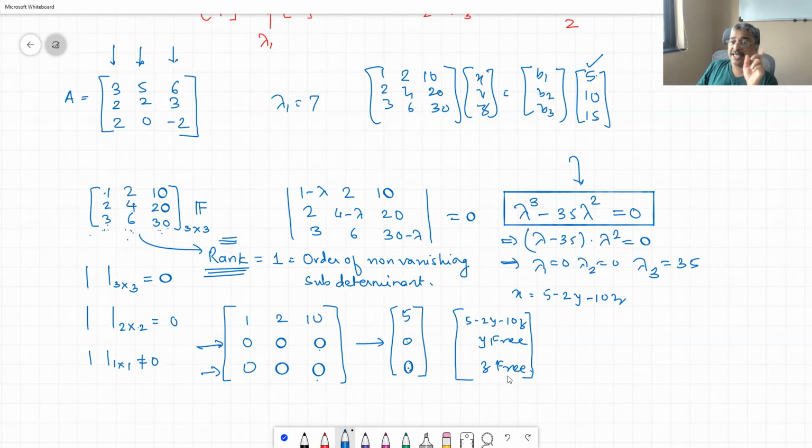So the dimension of the solution set is the dimension of the matrix. Here it is 3 by 3. So it is expected that it is n by n. Suppose it is a square matrix, then n minus the rank of the matrix is the dimension of the solution set.